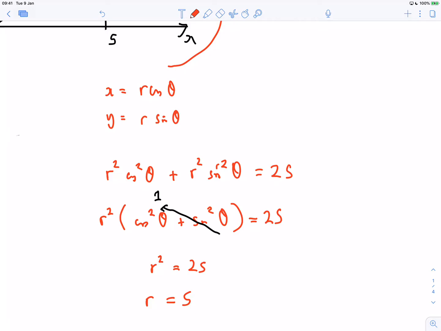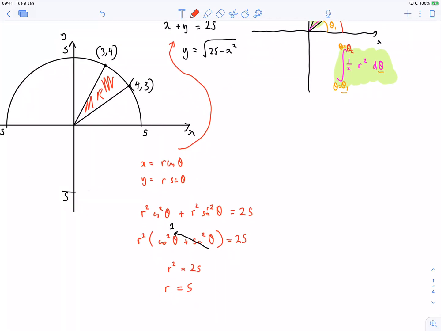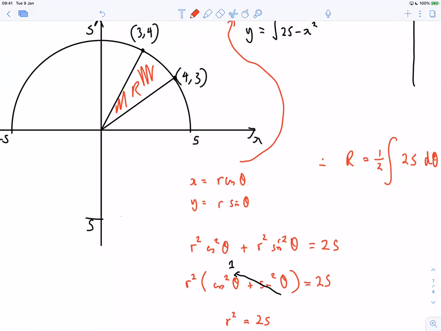So now this is actually a really easy question, because now all I have to do is find the area. I just have to integrate a half, I can take that half out as a factor, r squared, well I know what that is, that's 25, d theta, and now I just have to integrate between the two bounds.